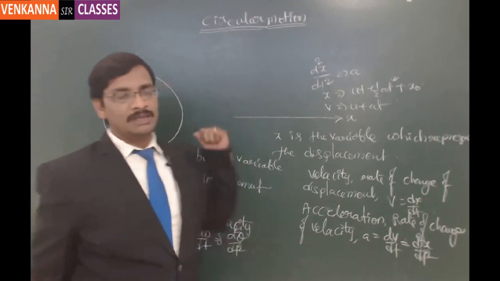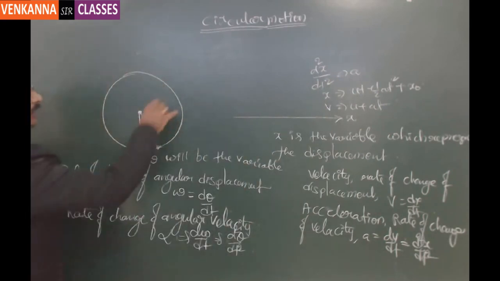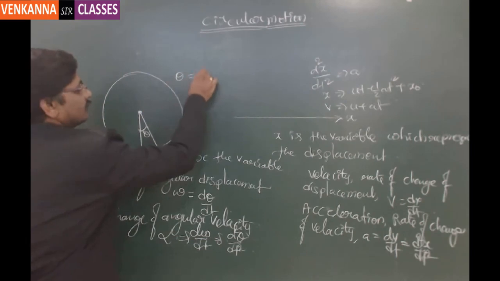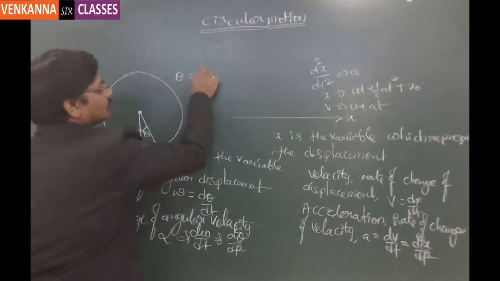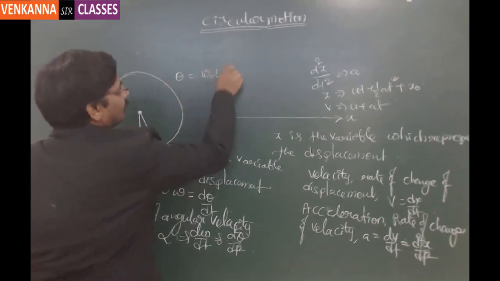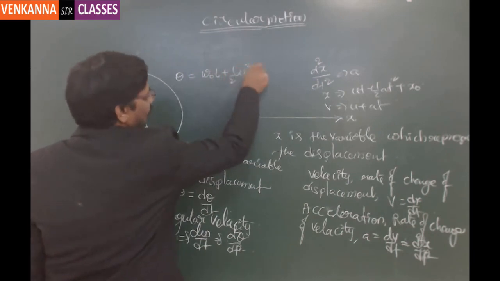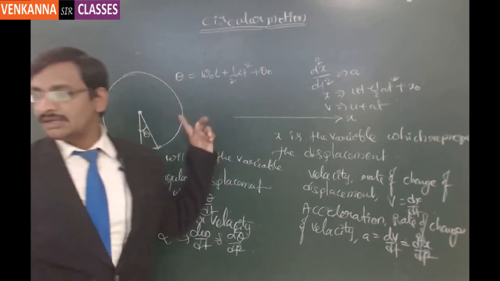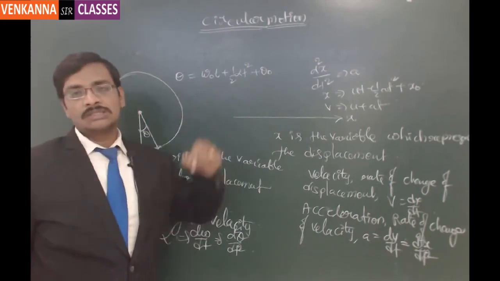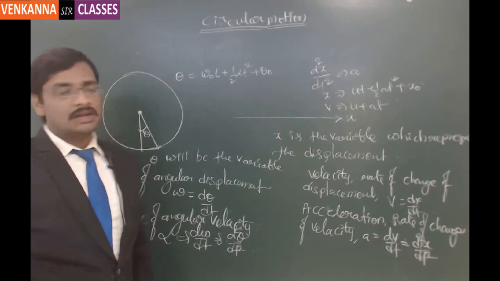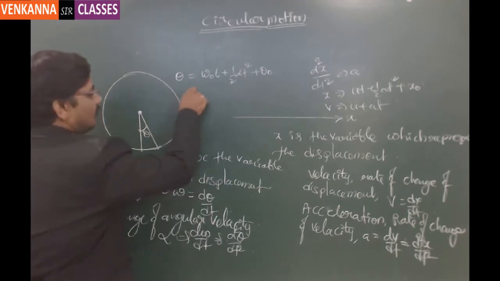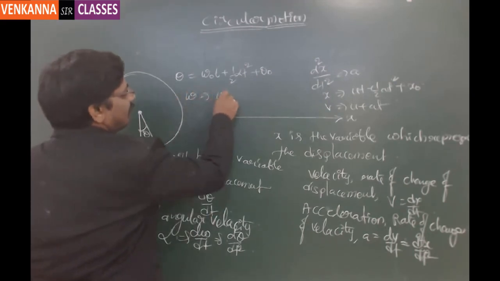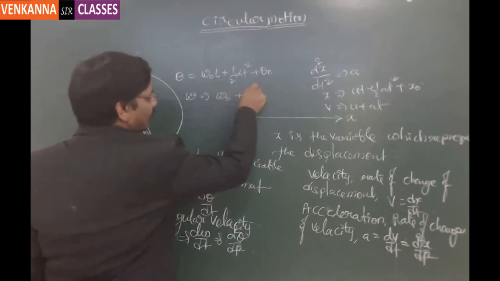Now if we apply the same relation here, the angular displacement theta can be written as omega naught into t plus half alpha t square plus theta naught. So this is the angular displacement at any instant in circular motion with constant angular acceleration. The angular velocity at any instant, omega, can be written as initial angular velocity omega naught plus alpha into t.